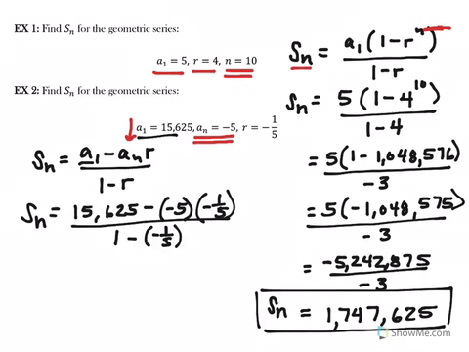If I am going to input this into my calculator, I'm going to use alpha y equals enter to create a fraction, and then I'm going to put 15,625 minus, and then open parentheses, negative 5, close parentheses, open parentheses, negative 1/5, and then on the bottom, 1 minus, open parentheses, negative 1/5, and then hit enter, and it gives me, after that calculation, 13,020.